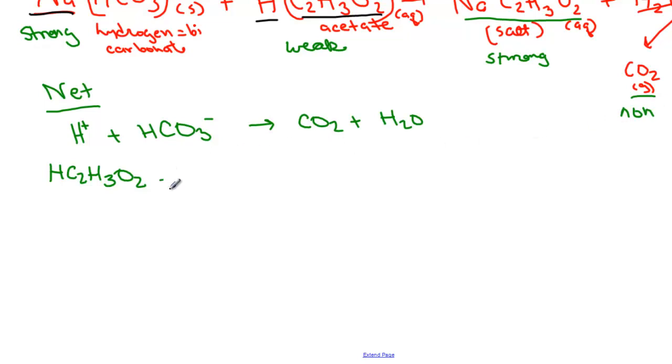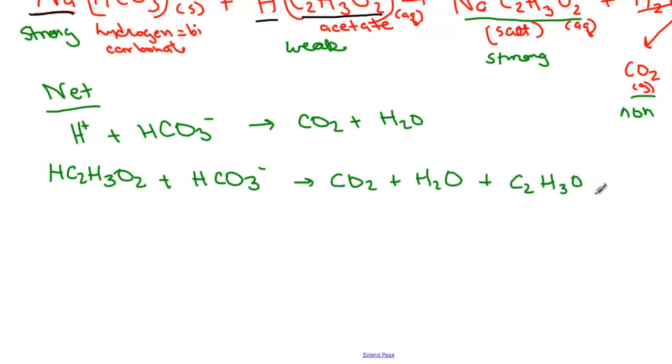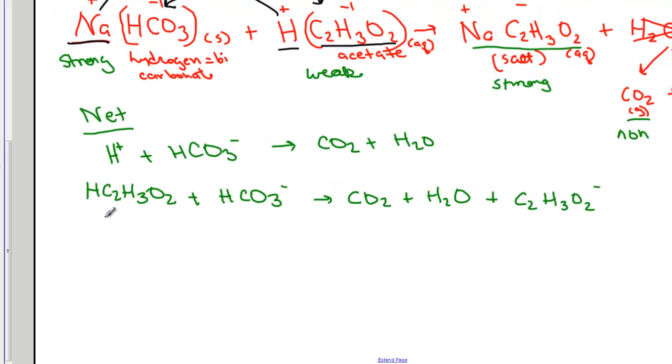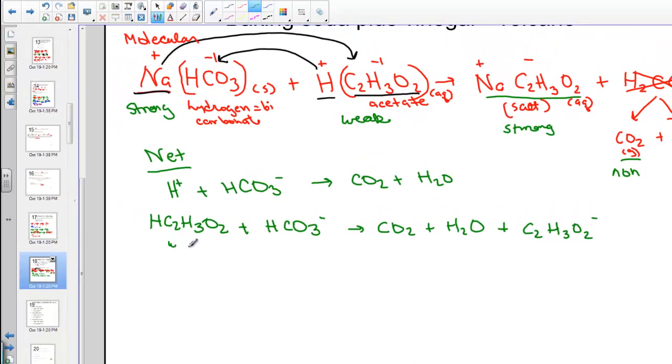And so to finish this correctly, we would still point at the carbon dioxide gas and the water, but you'd also have in solution that acetate ion, because the acid itself did not start as a strong electrolyte. So since this is a weak electrolyte, we're more correct to leave it together in its molecular form, breaking apart only the strong electrolytes.